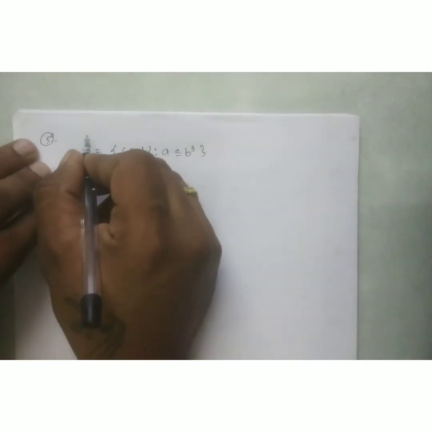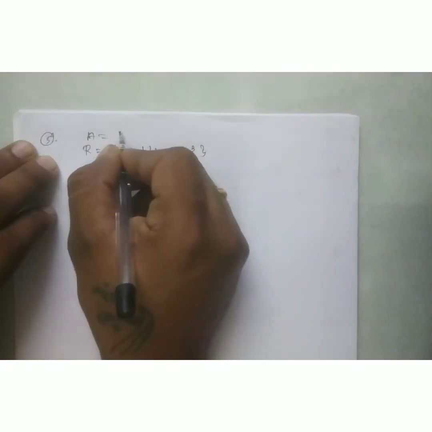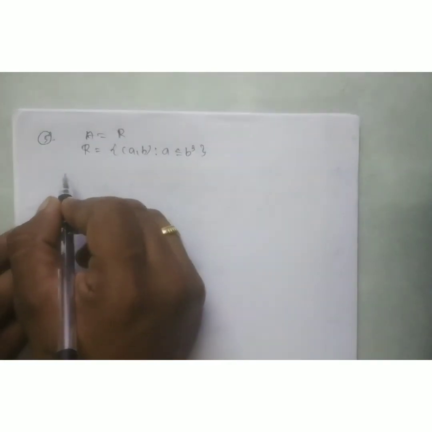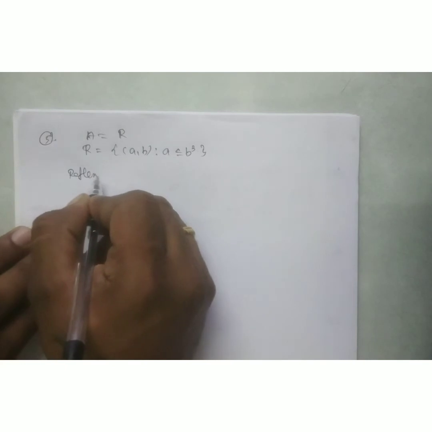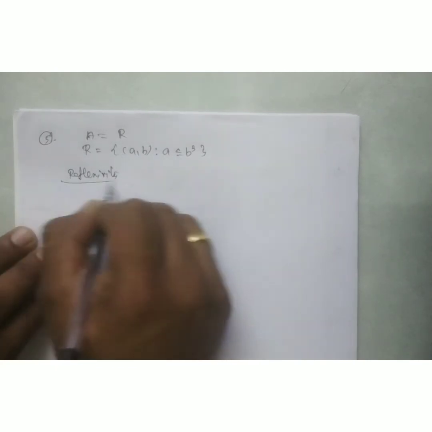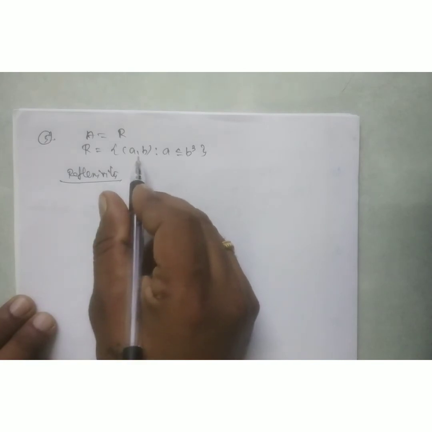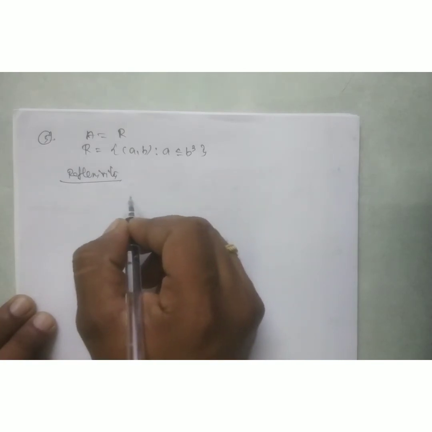What is the set given? Set A equals the set of all real numbers. First we will prove the reflexivity. What is reflexivity? A comma A belongs to R, then we can say that it is reflexive.